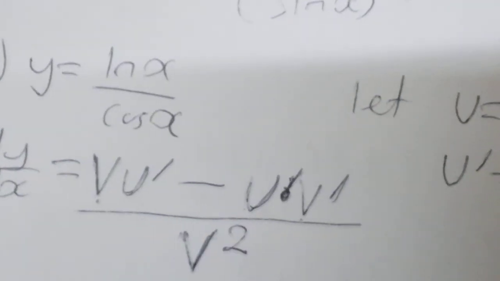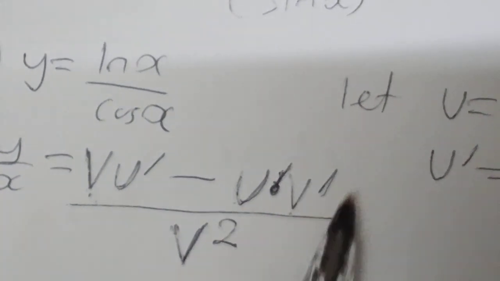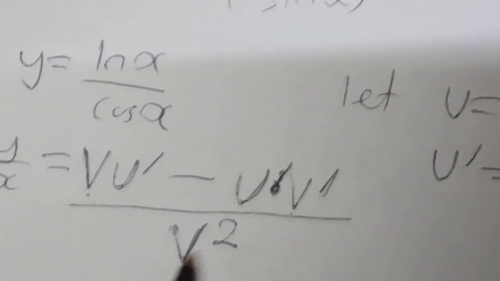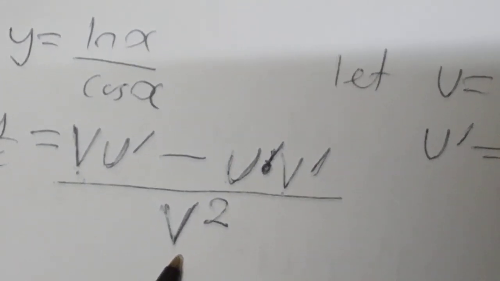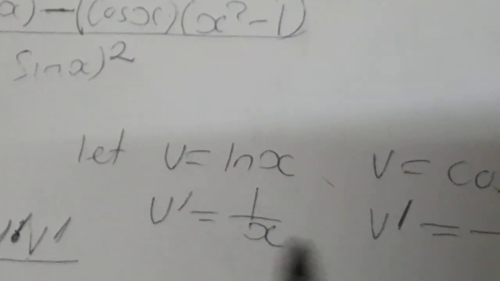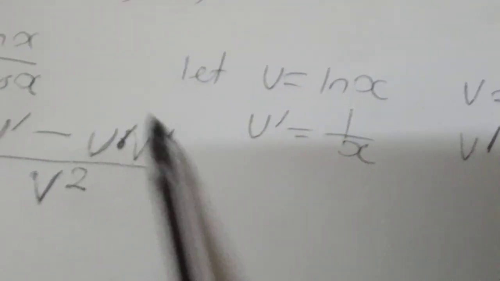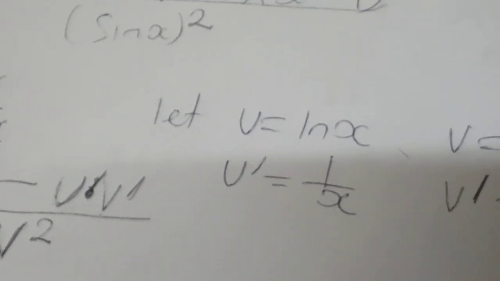That's how you remember. A normal v, u prime, a normal u prime, v prime over v squared. So having this information here, you just replace it in your equation and you'll find the answer for part D. Then let's go to part E.